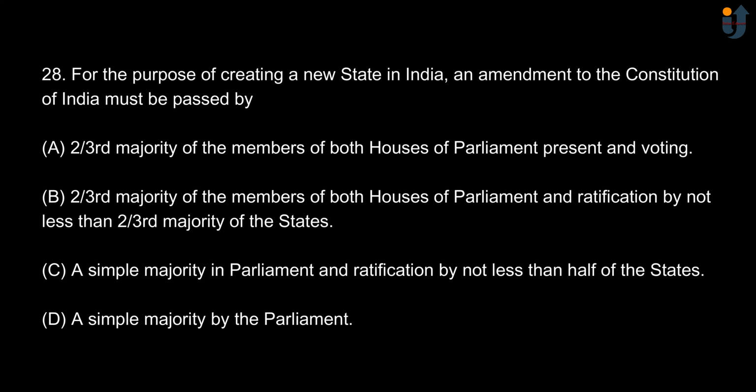Option C, a simple majority in parliament and ratification by not less than half of the states. And option D, a simple majority by the parliament. The correct option is option D, a simple majority by the parliament.